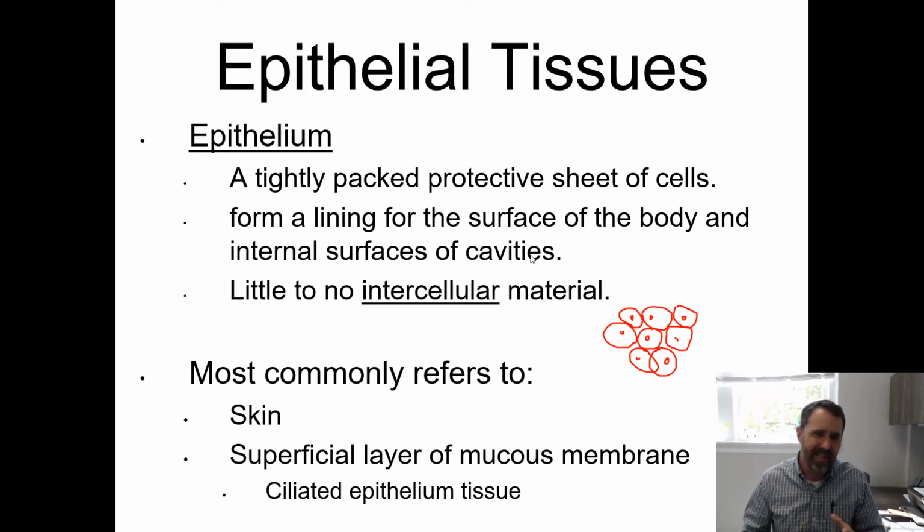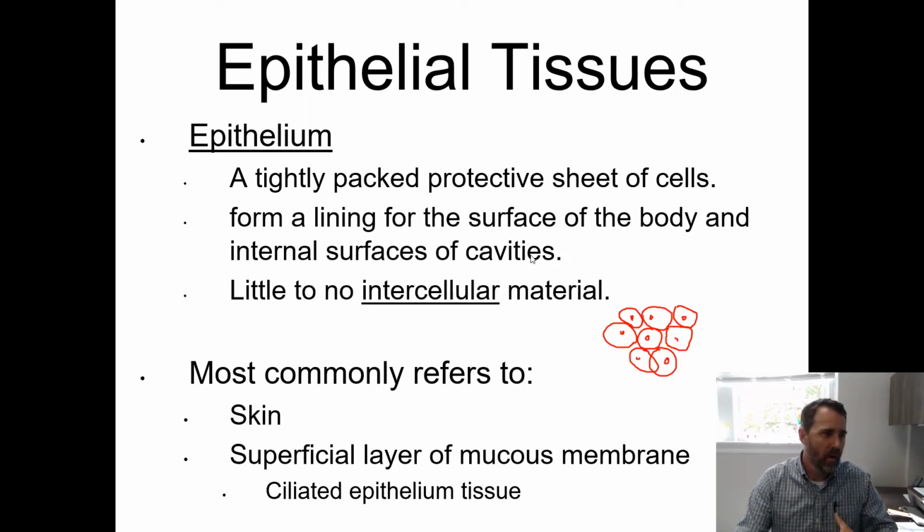Epithelial tissue is protective. It's meant to keep bacteria and viruses out of your body while keeping all the good things in your body that you want to stay in your body, like nutrients and water.